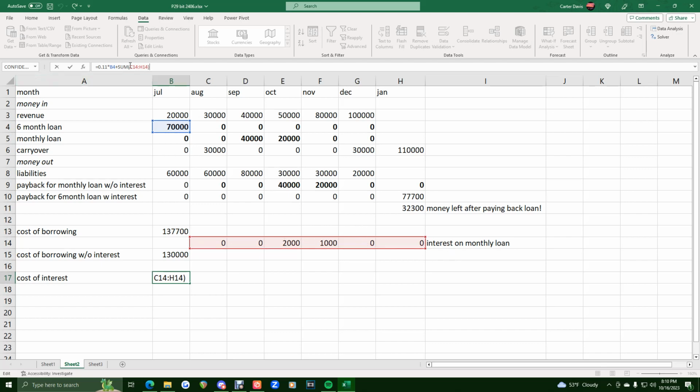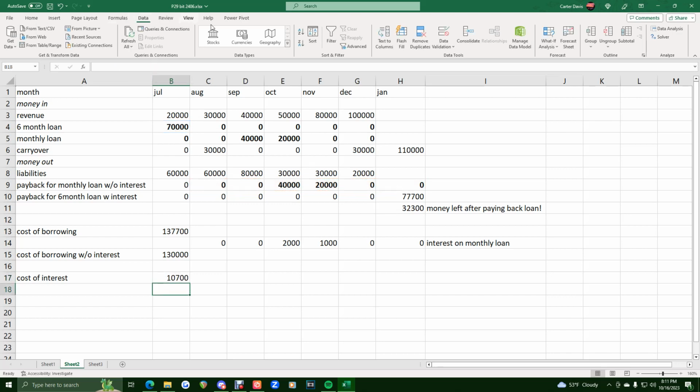Really I could have just said 0.05 times these here. Now that I think about it, I'm going to change that too. Why not? So we'll do 0.05 times the sum of the actual payback for the monthly loans. It's all 6 of these, right?